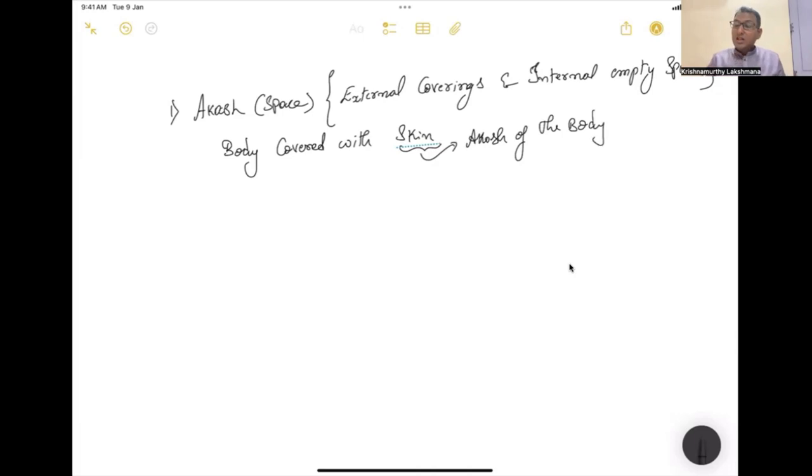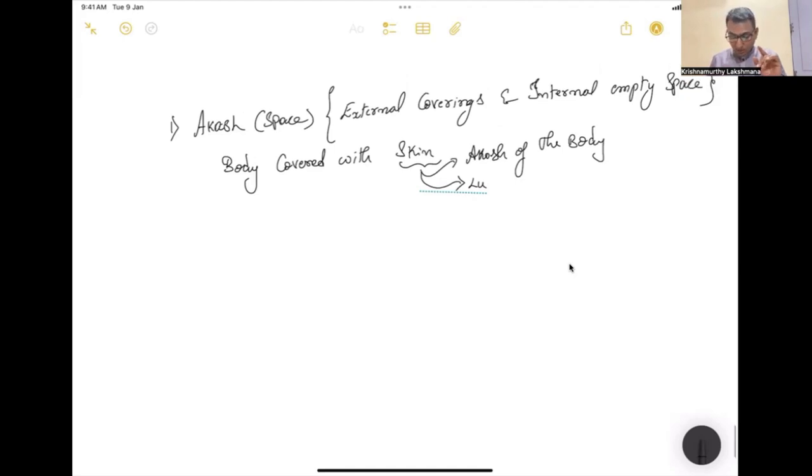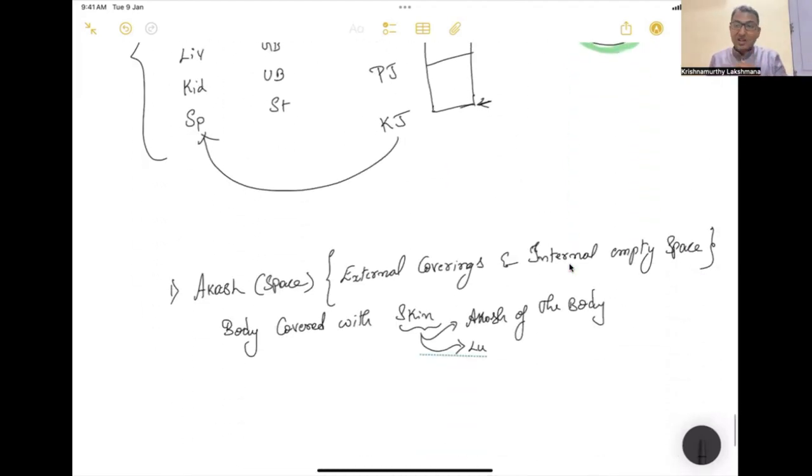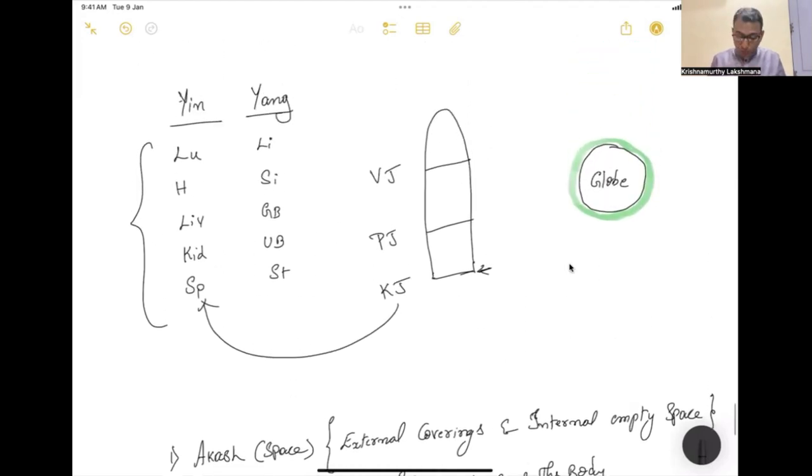And skin is managed mainly by which organ as per TCM? Lungs. Lungs manage the skin as per TCM. So now the Akash, finger number 1, should be associated with whom?